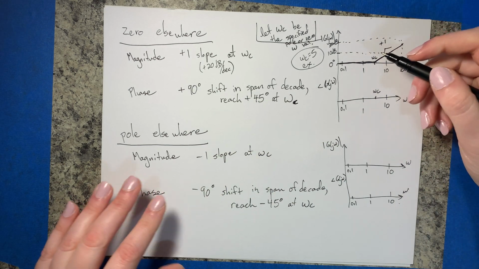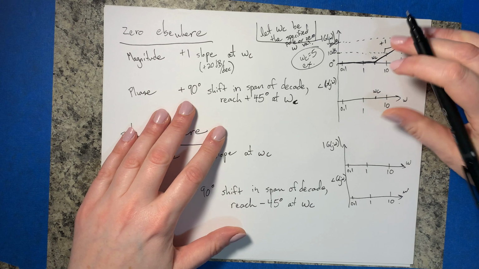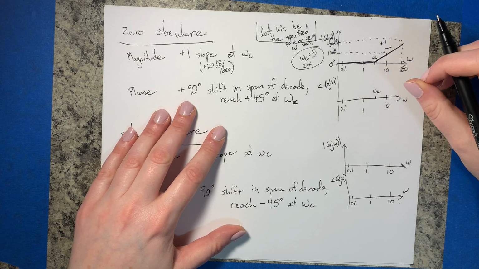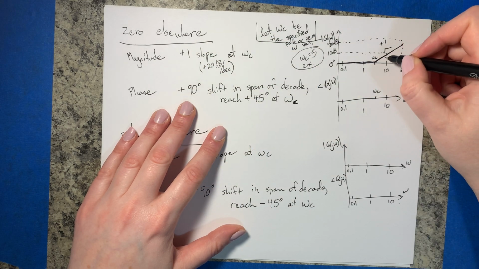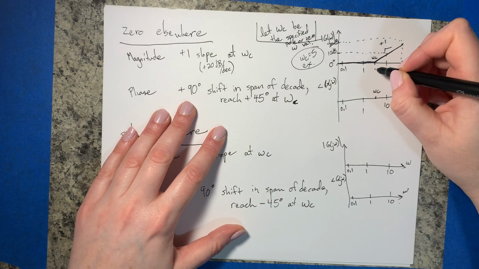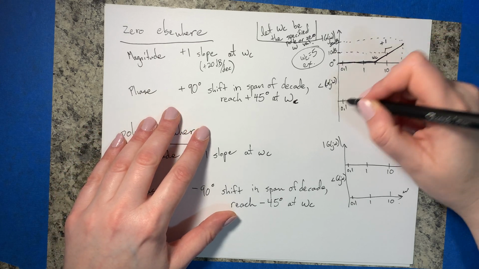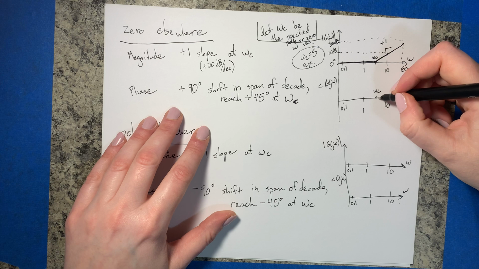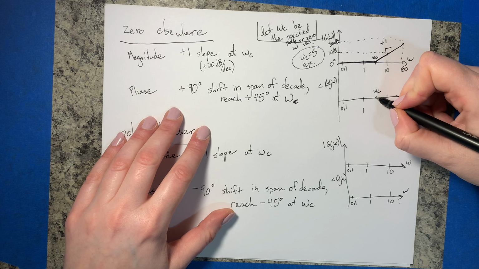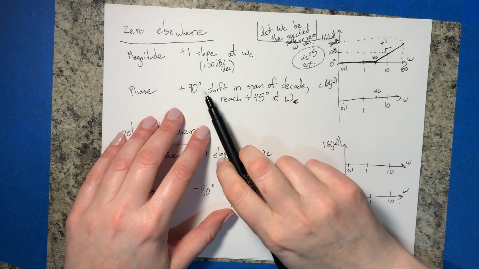Okay, so for the phase shift, in the span of a decade, whereas with the magnitude plot it just happens immediately, and that's really the only effect that we see, with the phase shift this happens over the span of a decade. And so at the critical frequency, we have halfway of this shift.